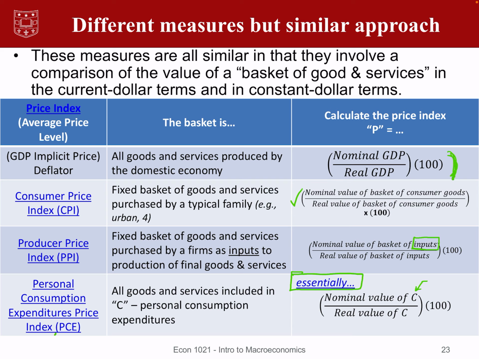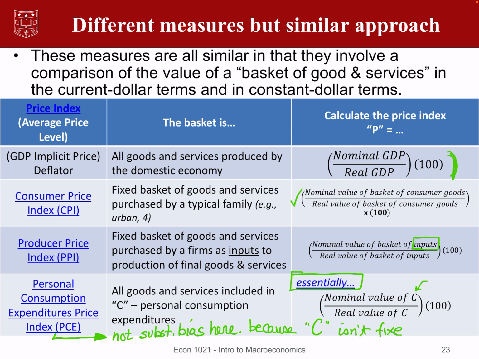One of the things that causes the Fed to focus on this is that it isn't subject to this notion of substitution bias. And the reason for that is that personal consumption expenditure C isn't fixed.